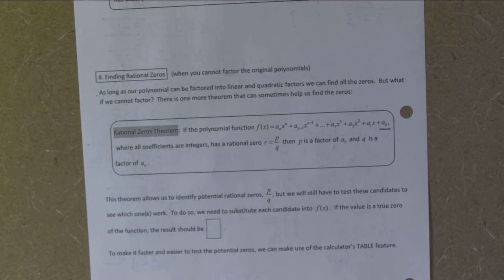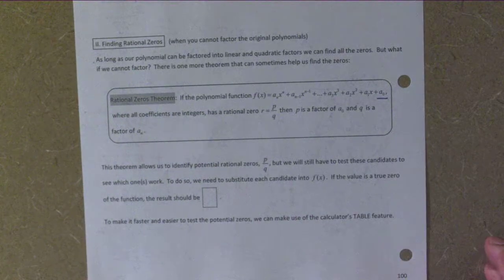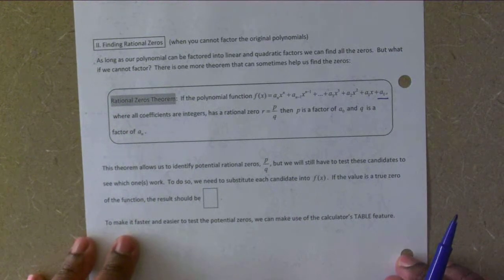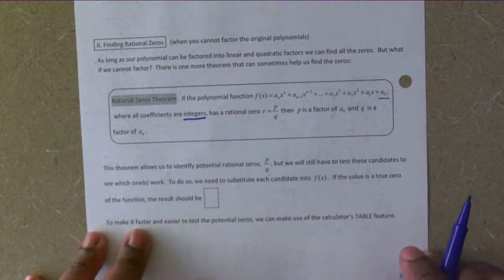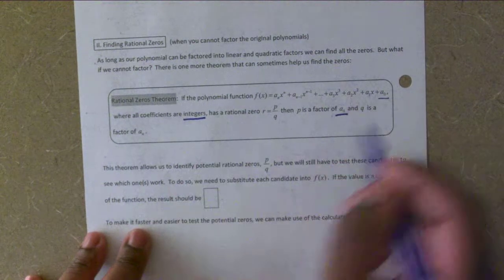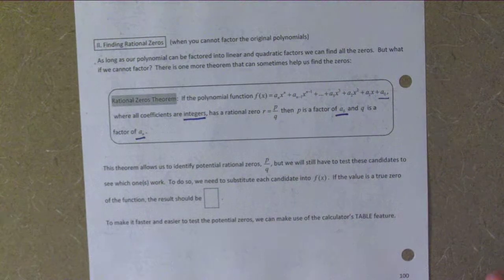Now, the first thing is we need to determine a couple key words here. One of the key words that was stated was the word integer, a0, and a sub n. Does everyone know what an integer is?